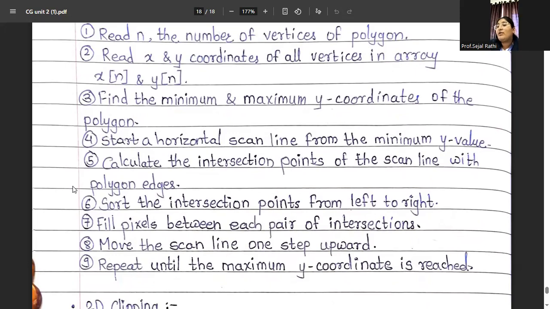And then the fifth one is calculate the intersection points of that scan line with the polygon edges, and sort the intersection points from left to right. The next point is fill the pixels between each pair of intersection and move the scan line one step upward. And the last is repeat the process until the maximum y coordinate is reached.